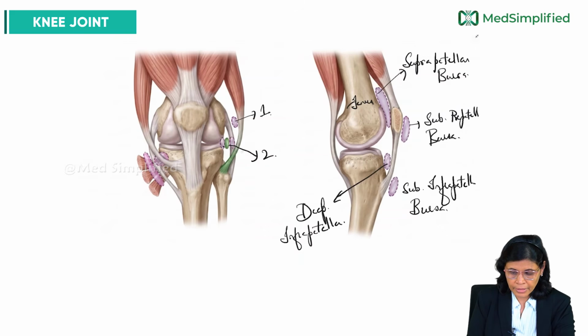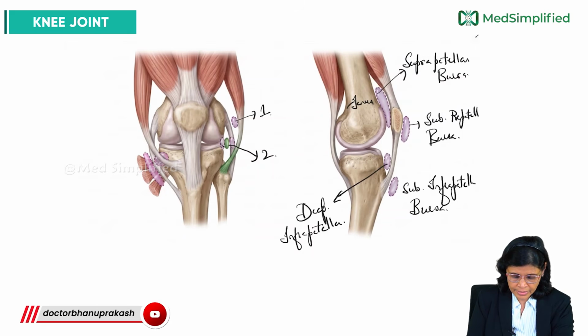And one more, the bursa between the tendon of popliteus, the green structure here, and the lateral condyle of the femur.